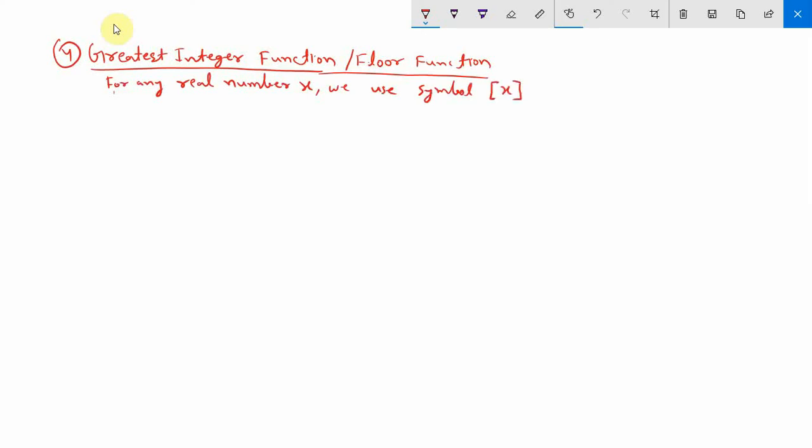Okay, this is a symbol of the greatest integer function, or we even use it like this.